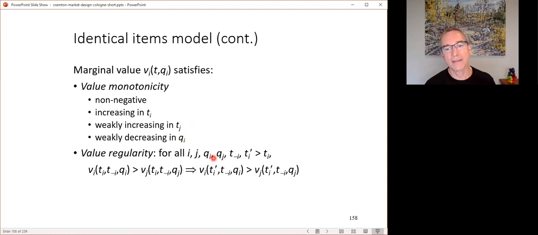And then finally, one more, and this is more of a technical condition, value regularity, which says that if I consider two possible types for me, holding everything else fixed, then if I have a higher marginal value than bidder J, when I increase my type, I still have a higher value than J. So in particular, this is saying that my private information is more relevant to me than it is to you.